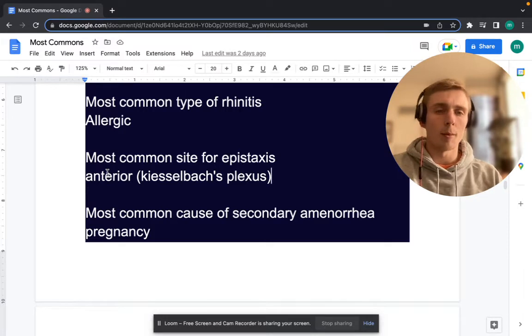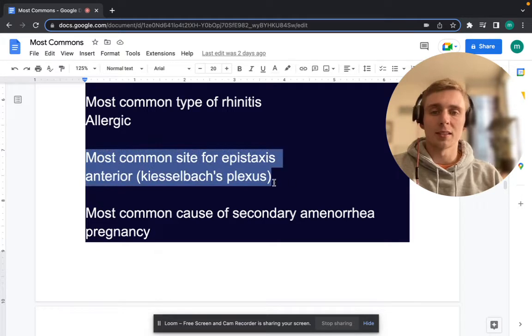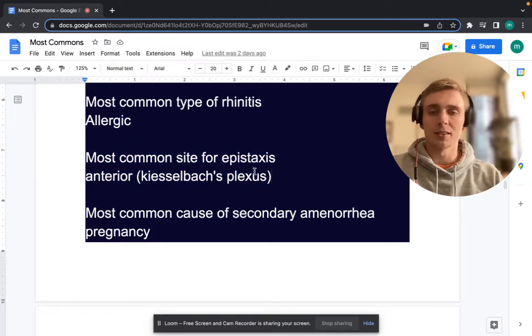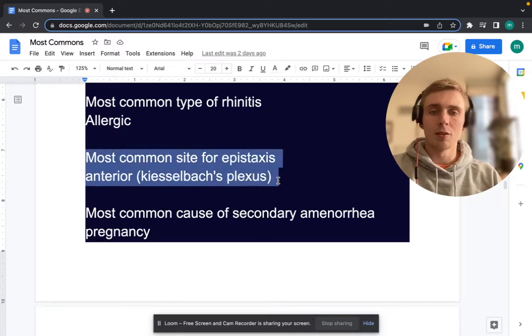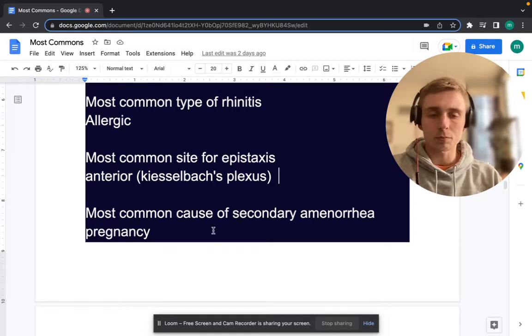That's going to be more common in elderly and unremitting epistaxis, and that's going to be in Woodruff's plexus, posteriorly. So Woodruff's plexus is the sphenopalatine artery, and that's posterior epistaxis, and Kesselbach's plexus is anterior epistaxis, and that's the most common site for epistaxis overall.